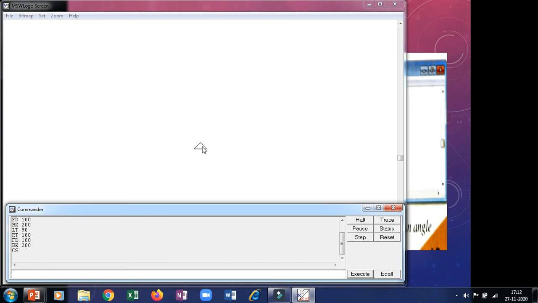This center position is the home of the turtle, and to bring the turtle to the center, the command is home. We will do it later on. And if you want to clear everything in the recall list box, the command is CT, clear text, because the text is there.